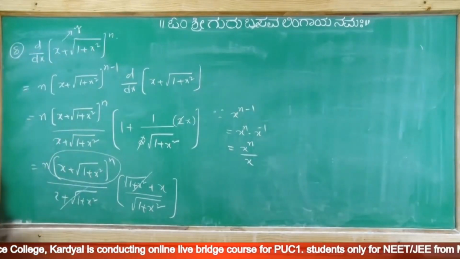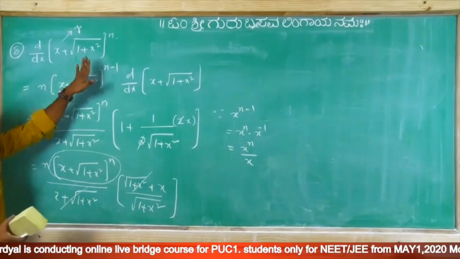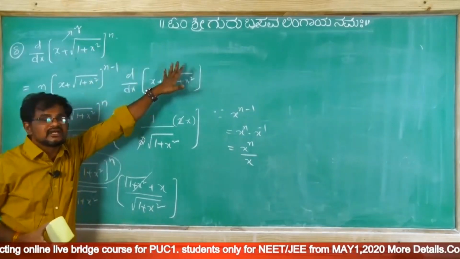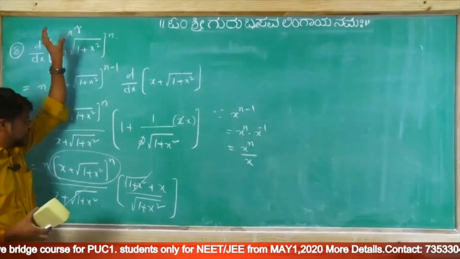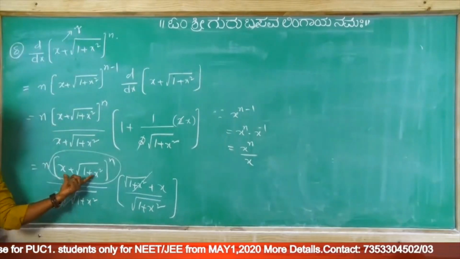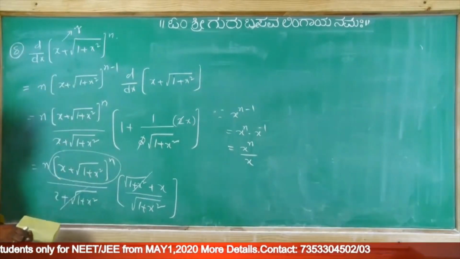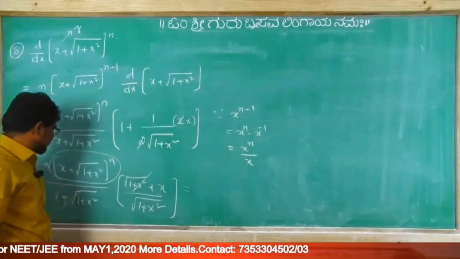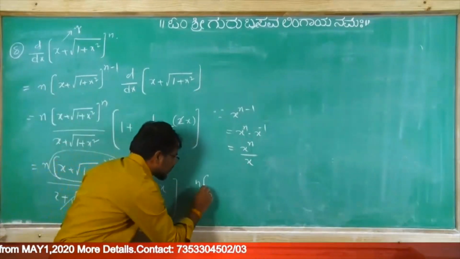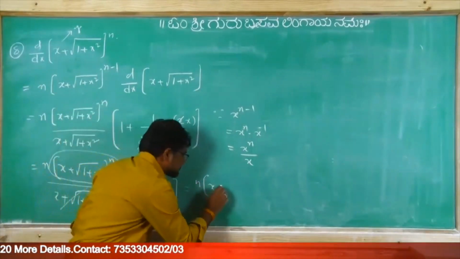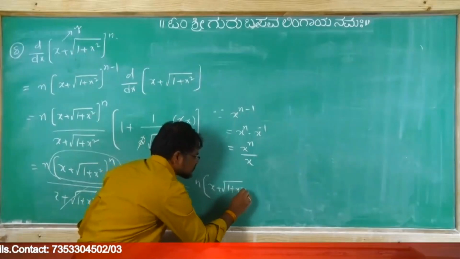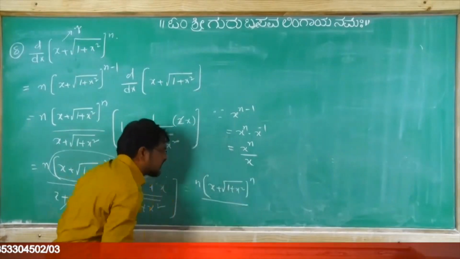Sometimes they will give, if y equals this one, then find dy by dx. If you take this as y, you can replace that y here. But you are not taking that here, so as it is you write down. Now that is equal to, what will you get? n into x plus root of 1 plus x square whole power n, whole divided by what?